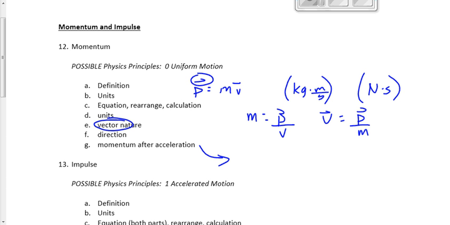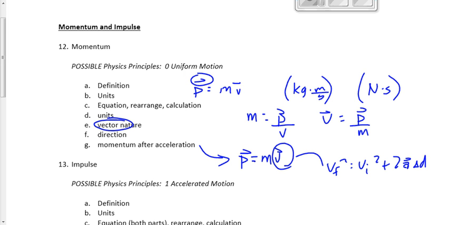What's its momentum after that acceleration phase? It makes the question a little bit more tricky, but in the end, all we've got to do there is still use p is equal to m times v, but find the velocity some other way. Like maybe vf squared is equal to vi squared plus 2ad. Maybe a is equal to delta v over delta t.